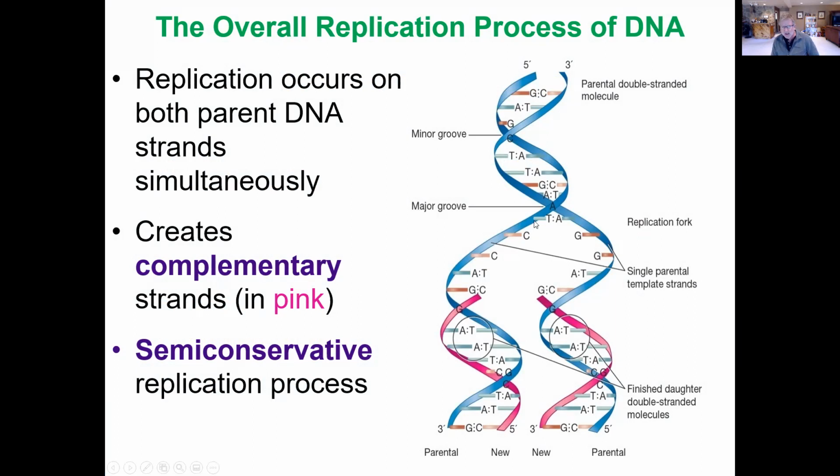So now we have these two exposed parental strands of DNA that are going to act as a template for the formation of complementary DNA nucleotides that will be linked together, and we will begin to replicate our parent DNA. And that has already happened down here in the lower third or so of the sketch, where we see in red, this red ribbon is representing the sugar phosphate groups that have been linked together.